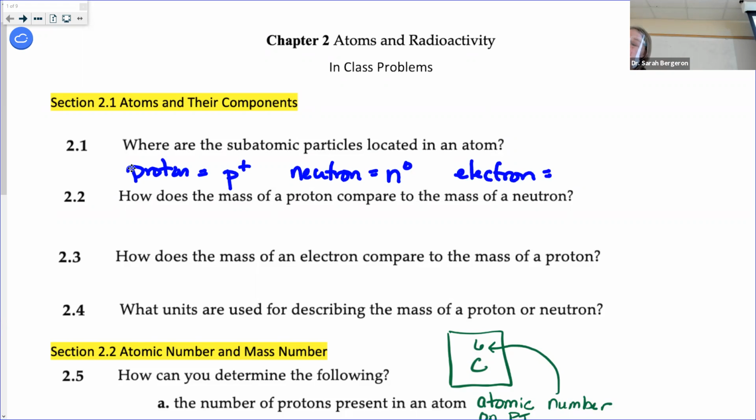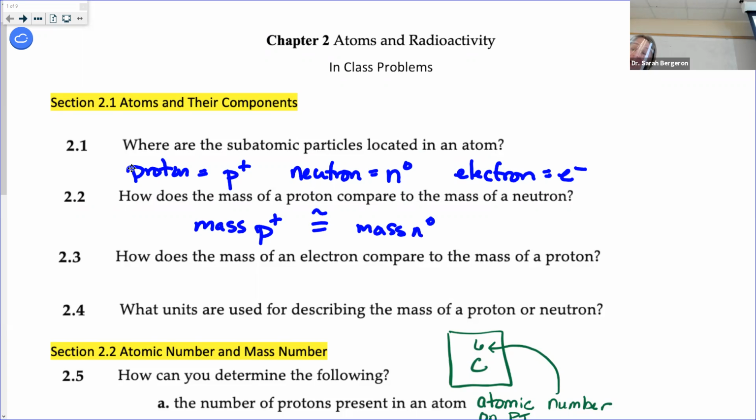What do we use as a symbol for it? E minus. Okay. How does the mass of a proton compare to the mass of a neutron? The mass of a proton is what to the mass of a neutron? Approximately equal. Not quite, but very, very close.